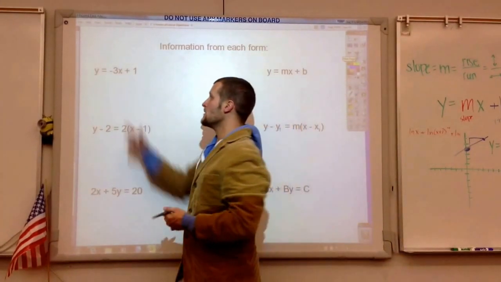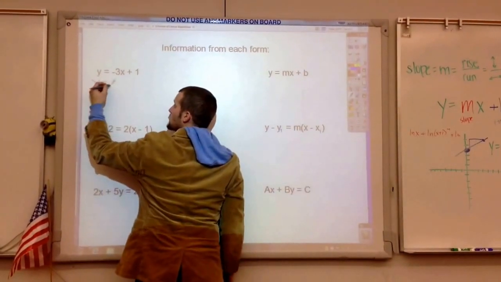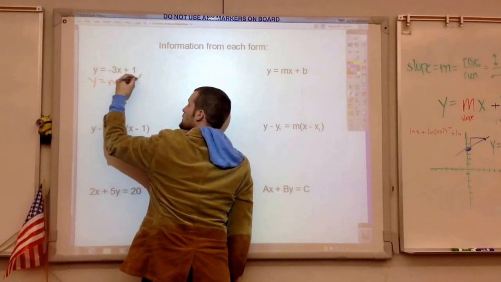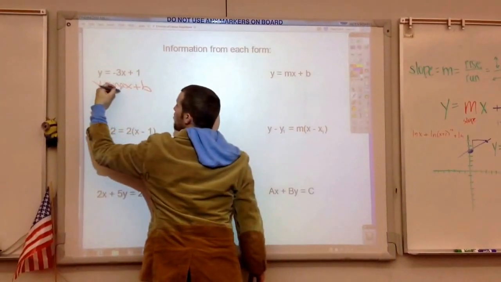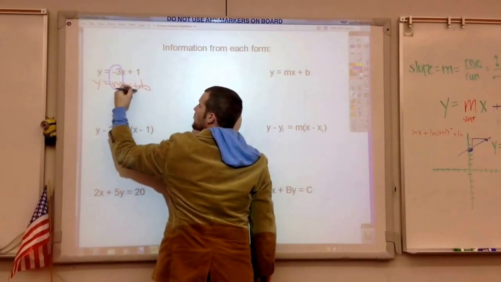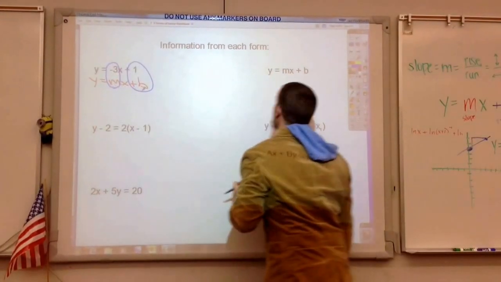This one we're used to. This is y equals mx plus b. So here, m is our slope, b is our y-intercept.